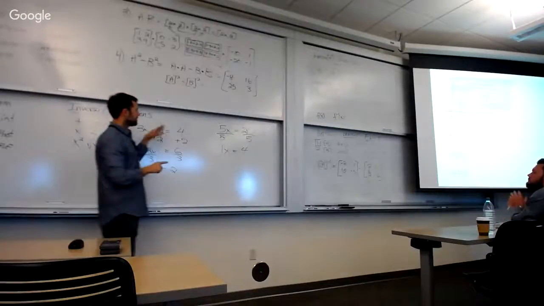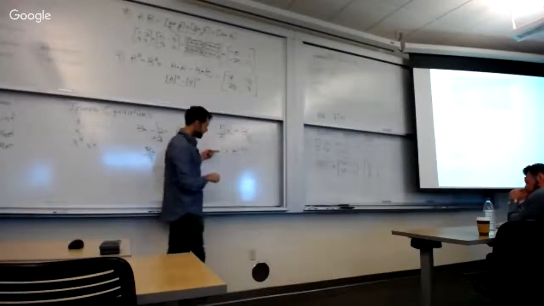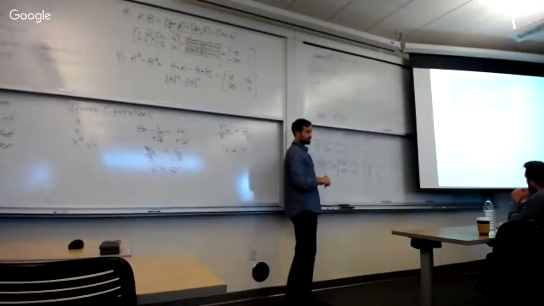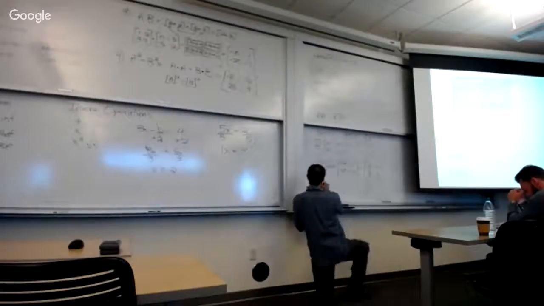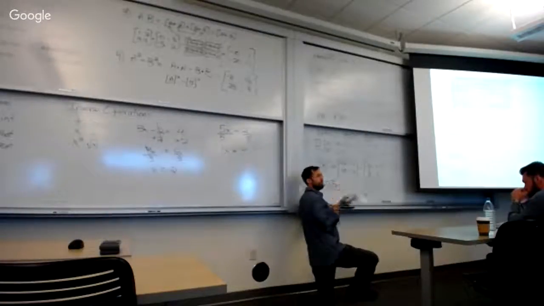And so when we do matrix multiplication, when we talk about an inverse, we're talking about a matrix that you can multiply by the original matrix to equal 1. So here's what we would expect. If I right now took matrix A times matrix A inverse, it should equal 1.